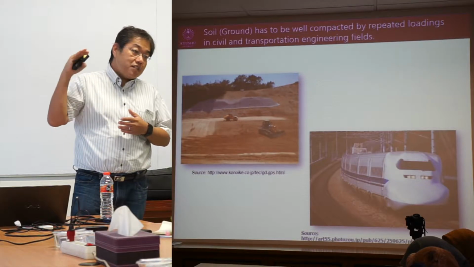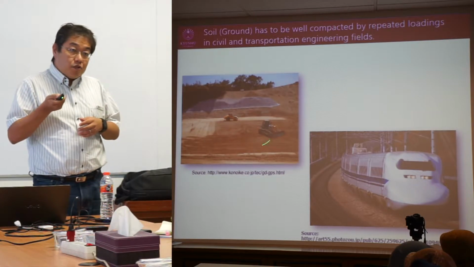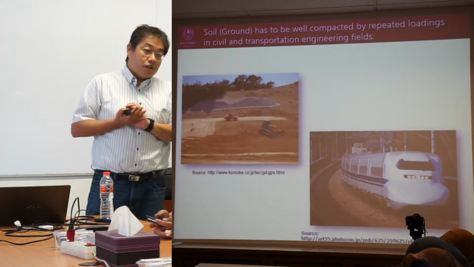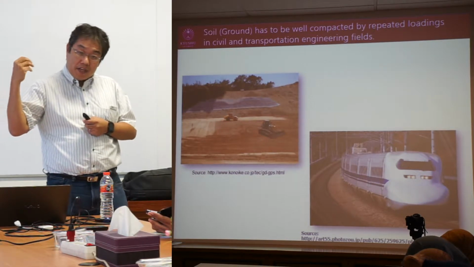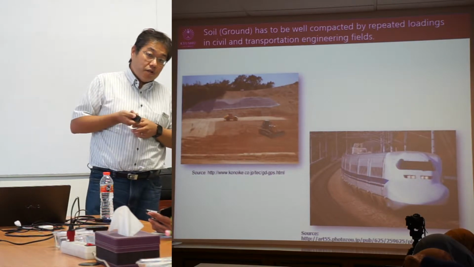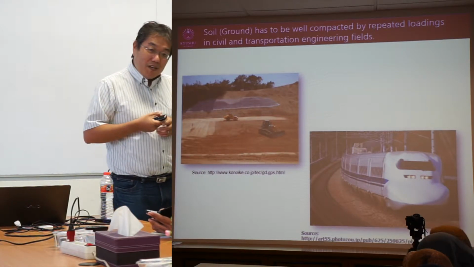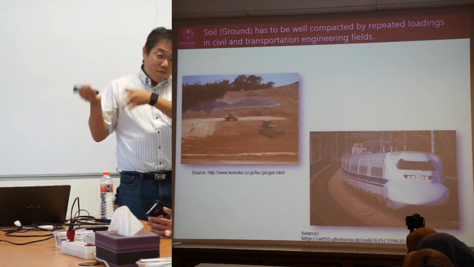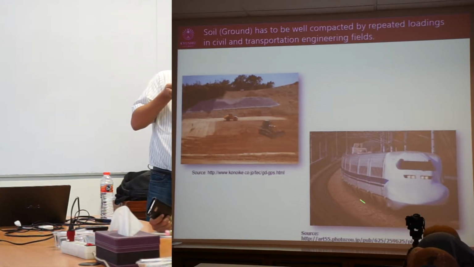This is controlled by GPS information. But soil type and how much compaction is required, this information should be, how can I say, calculated or simulated in the previous stage. This is also the case when designing the Shinkansen. In that case, computer simulation is also needed, but in our focus, this part.